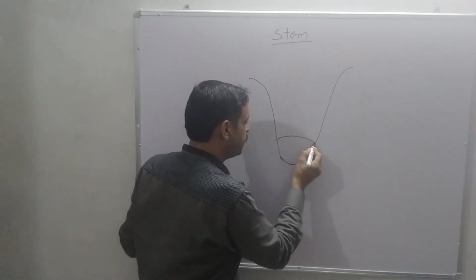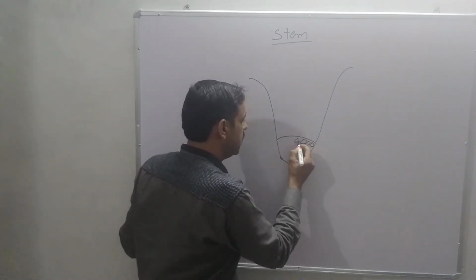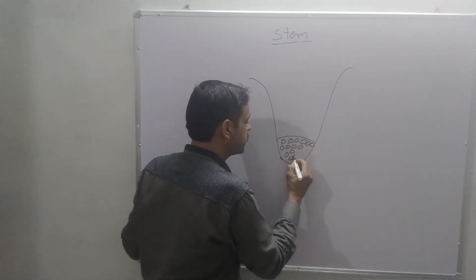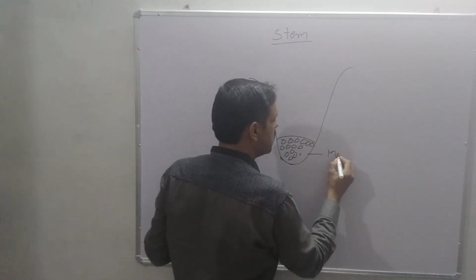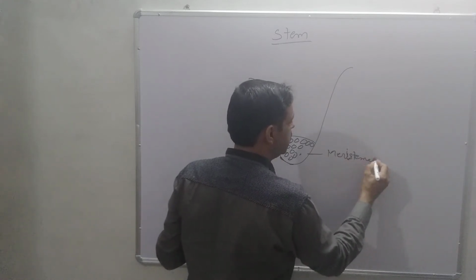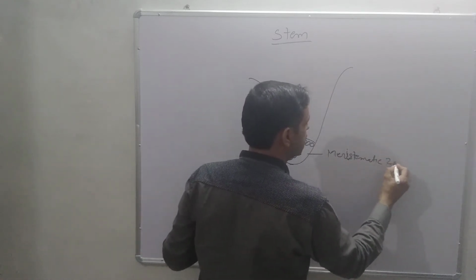It starts from these cells, and these cells are called, as you know, the meristematic zone.